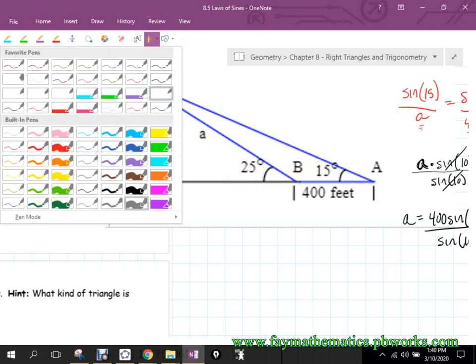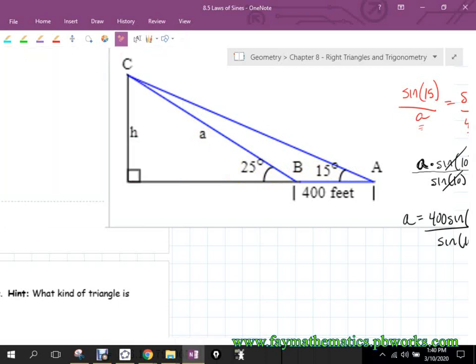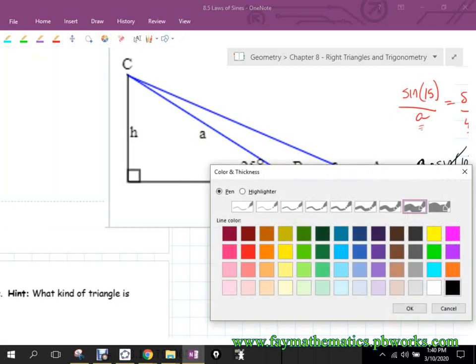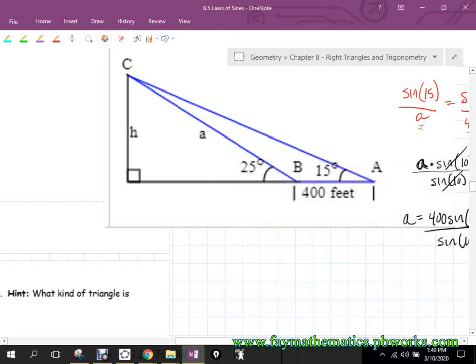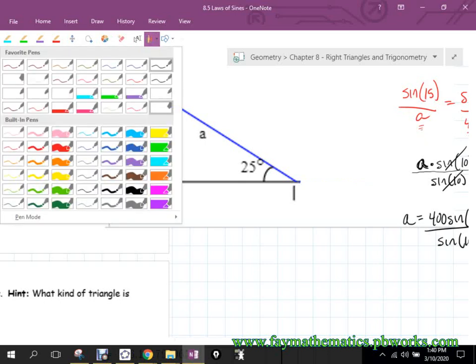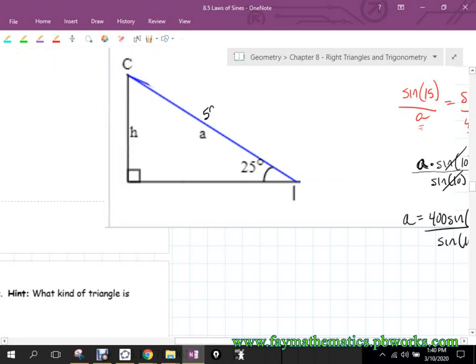So the question says, continue on and find H. I no longer need that blue triangle in order to find H. I don't need that 400 to find H, because we now know that this A was approximately 596. What kind of triangle is this? It's a right triangle.